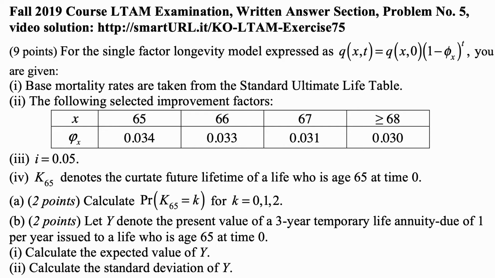The following selected improvement factors for ages x equal to 65, 66, 67, and greater than or equal to 68: the improvement factor phi sub x is 0.034, 0.033, 0.031, and then 0.03.